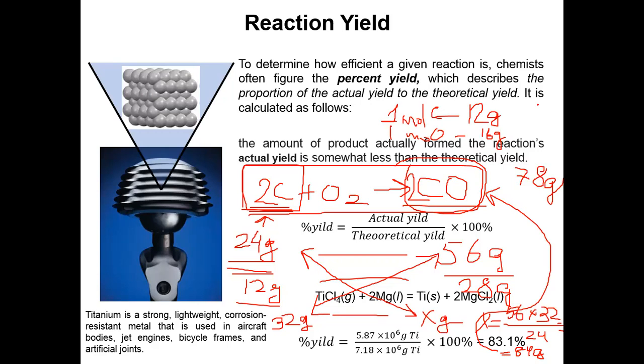So the question is that I have an actual yield of 78 grams, okay? Actual yield. This is the theoretical yield. Now I want to see what is the percent yield.